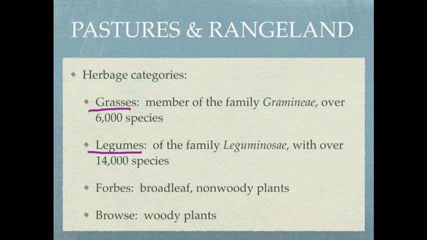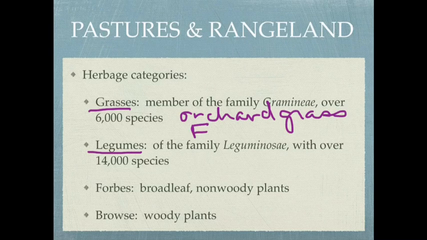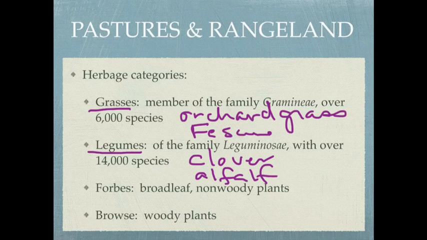Most of our pastures at the university farm are made up of stuff like orchard grass, fescue, which fall into the grass categories, and then we have a lot of clover, specifically white clover at the farm. The other common legume that we do feed is alfalfa hay. That is a very common legume that is fed to livestock.